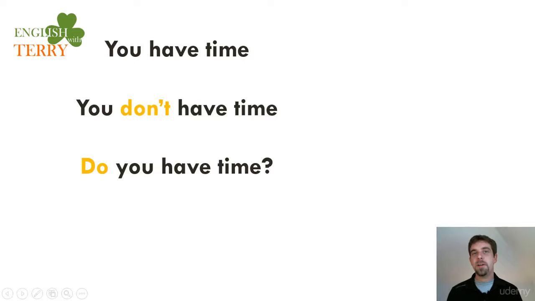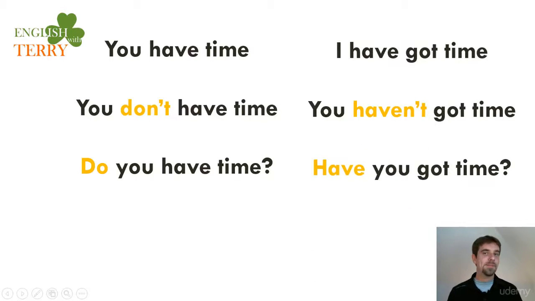So if we compare the basics, you have time. Same idea, but the negative with just have is you don't have time. And then the question is, do you have time? With have got, it is I have got time, you haven't got time, but see the difference in the negative of just have, don't have, and then you haven't got.